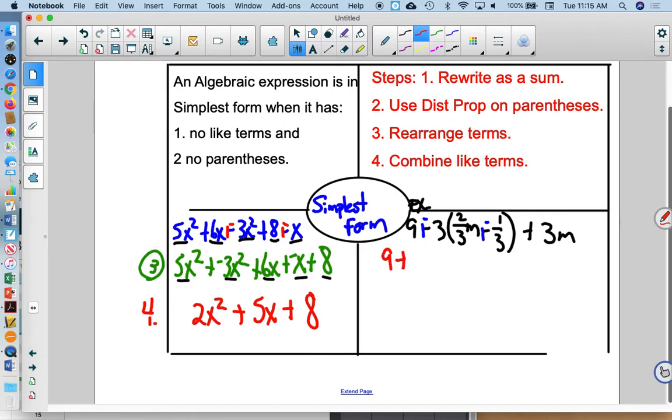So now I need to do, what is -3 times 2/3? And you got your calculator. What is -3 times 2/3? -2. What's it going to be there, sir? -2m. What is -3 times -1/3? Ben? 1.